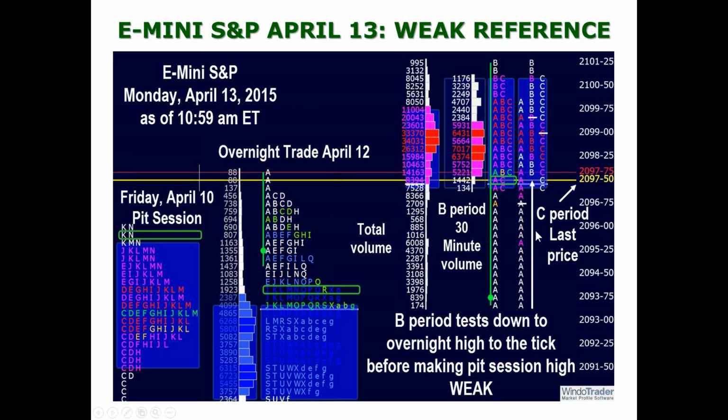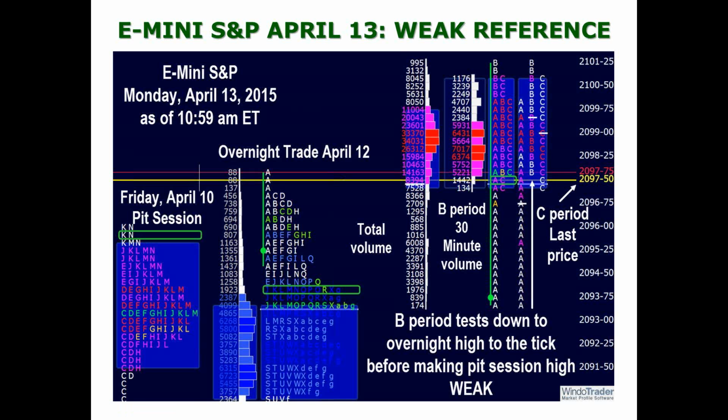One of the comments I sent out was if D period prints at 2097.75, then the market is probably going to spend quite a bit of time in this area. In other words, if D period prints here and we get 4 wide at the 2097.75 level, more than likely we're going to spend some time here because that is going to be the fairest price of control, the fairest price.